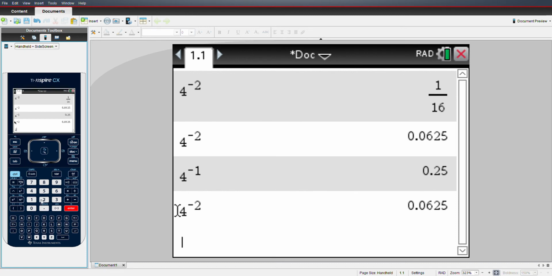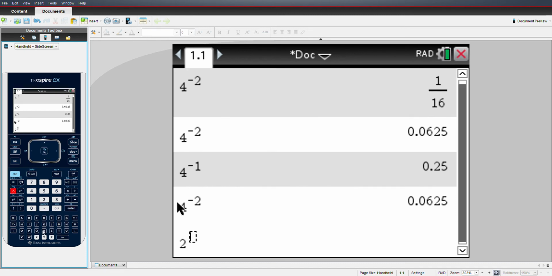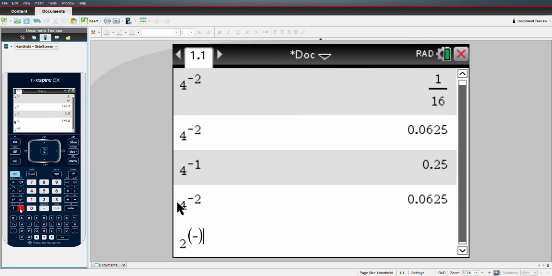We're going to do 2 to the power of -2. So I'm going to put parentheses -2. Oops, I forgot the 2. Close parentheses. And if you notice, the little dash line is still on your exponent. If I do plus 1, because that's what's next, you'll notice that it's adding it to the -2. I do not want that.